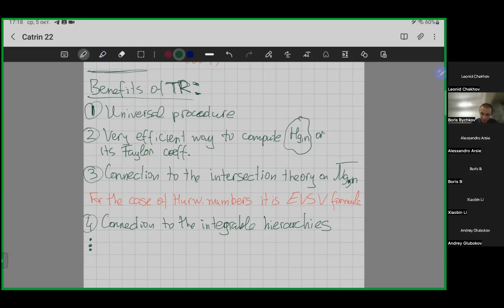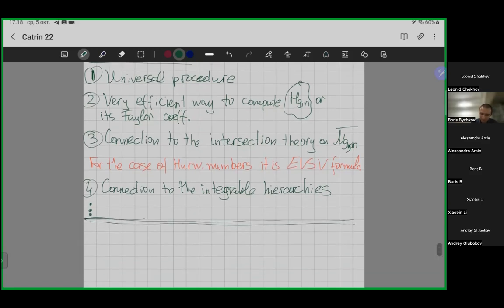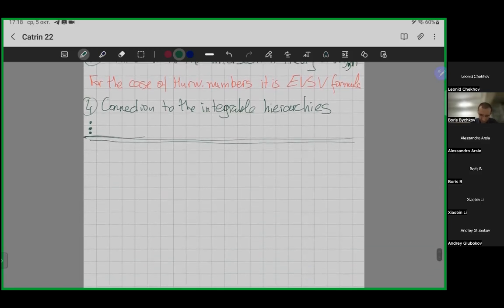Okay, so that's about some corollaries and benefits, and now about the reformulation of this recursive formula.